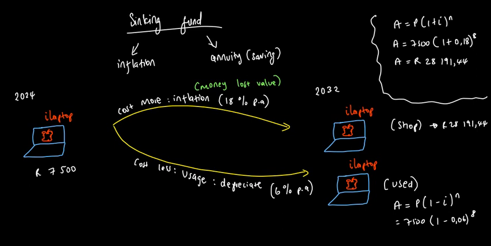Then you're going to calculate how much its value is now, because I've used it. Then you would get 4,571.77. This is the cost because I used it.